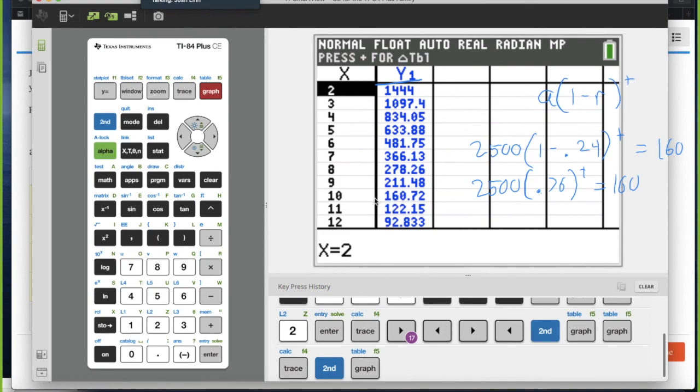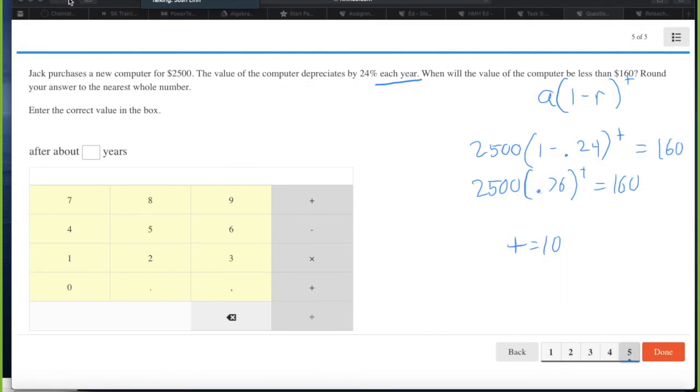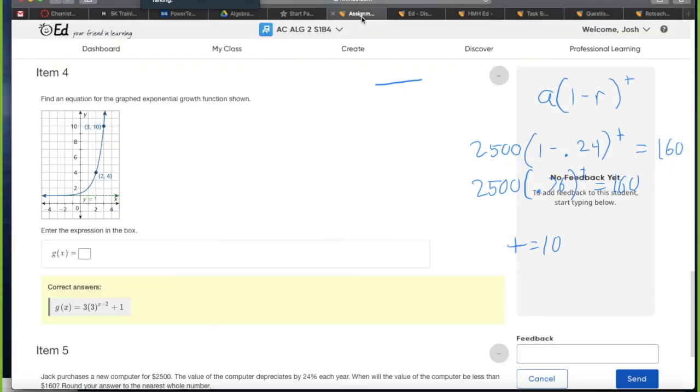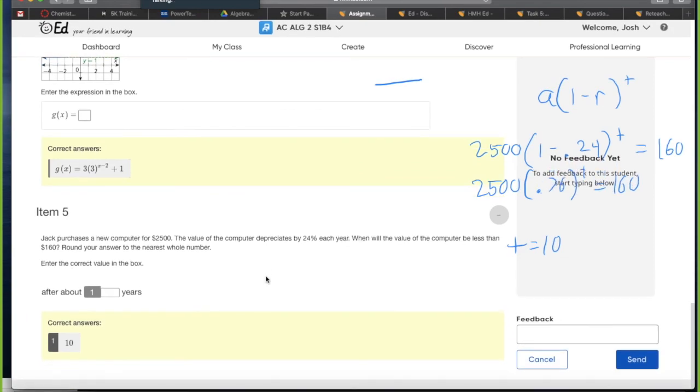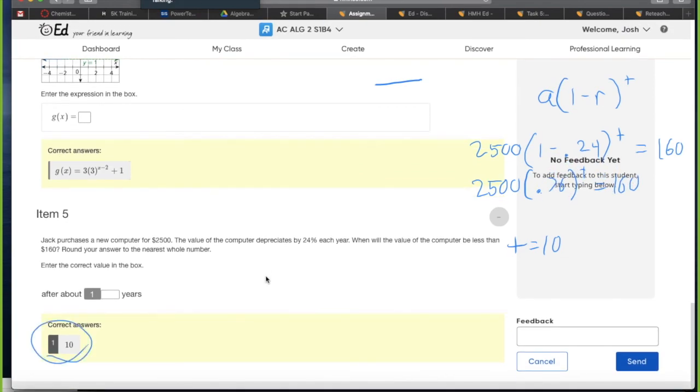So we can say at t equals 10 is when the computer is going to equal $160. Anything past that, it's just going to go down after that. So after about 10 years, and just to double check, after about 10 years. So there you go.